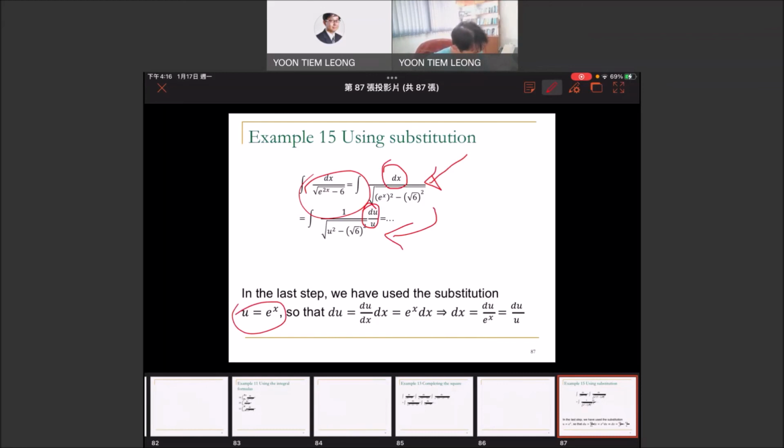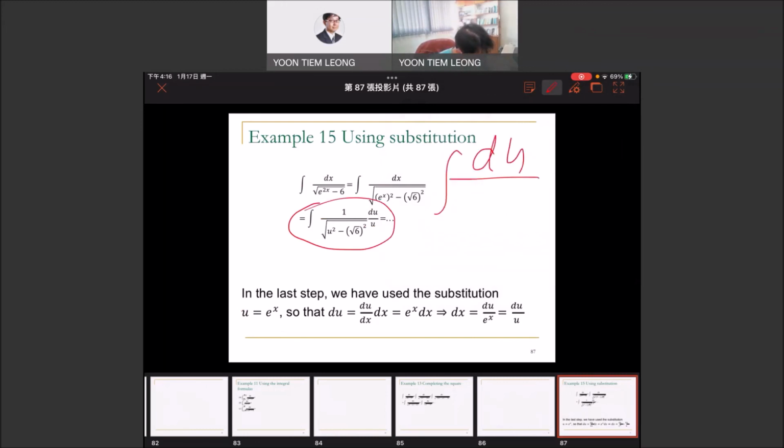So finally, you get to a form like this, right? This is a form of du over u times the square root of u squared minus a squared. Right? So if you have this sort of integration, then a is just equal to the square root of 6.